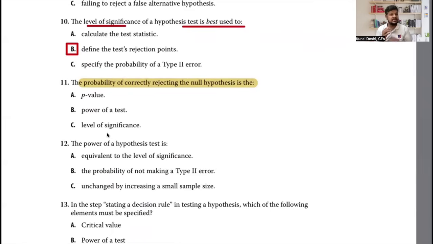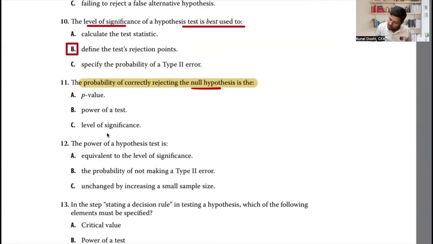The probability of correctly rejecting the null hypothesis. First of all, failure to reject the null when it is false is a type 2 error. But correctly rejecting the null, that probability is 1 minus type 2 error.